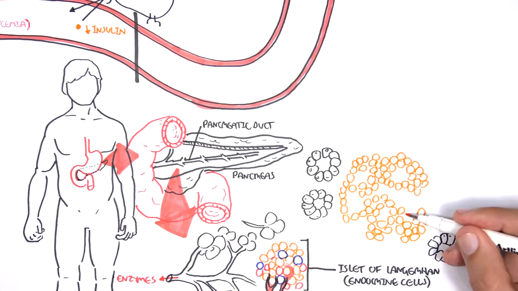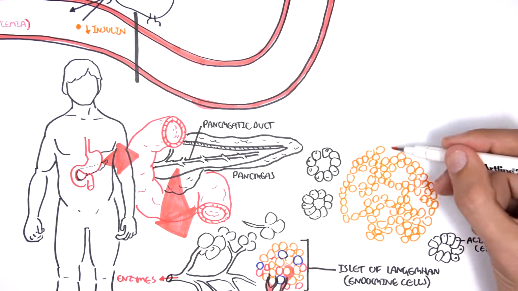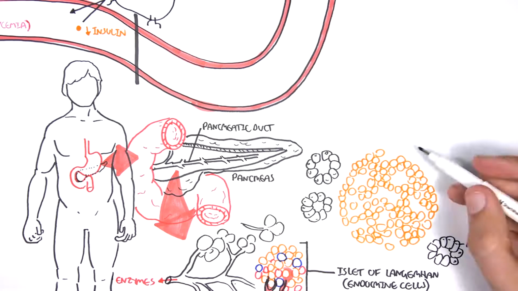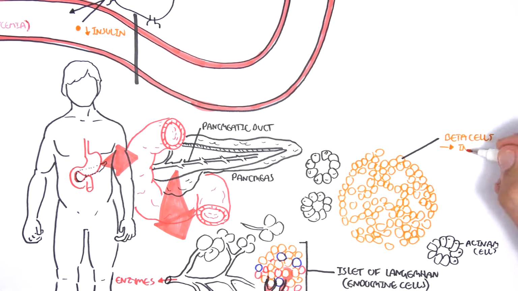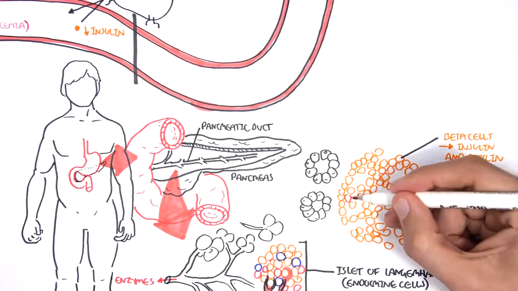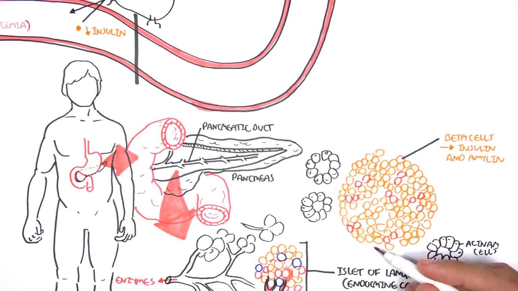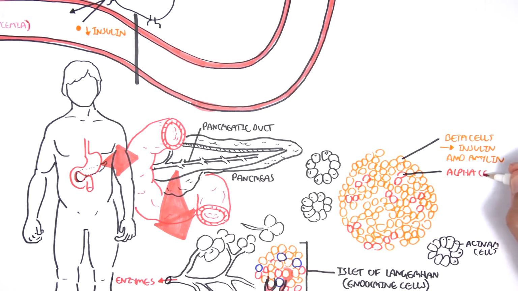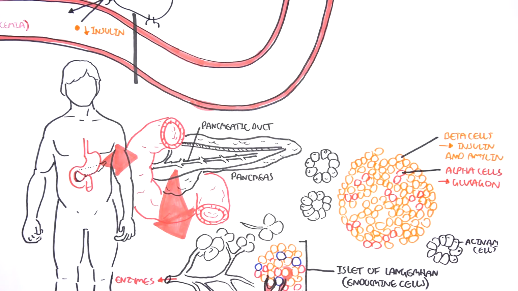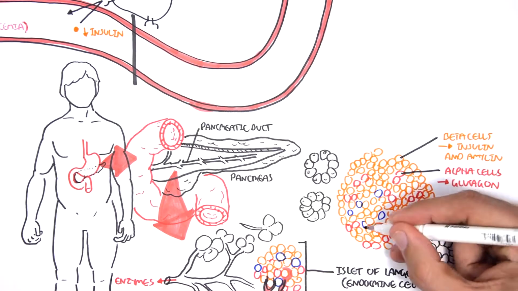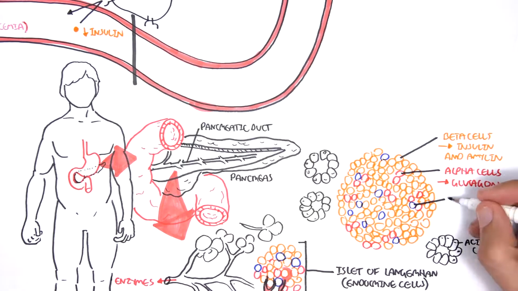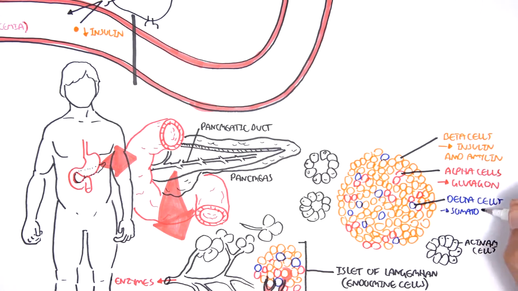The majority of endocrine cells within one islet of Langerhans are beta cells, which are the cells that actually produce insulin as well as amylin. There are also other cells here, the alpha cells which produce glucagon and delta cells which produce somatostatin. It is important to know that glucagon is another hormone that does essentially the opposite function of insulin.